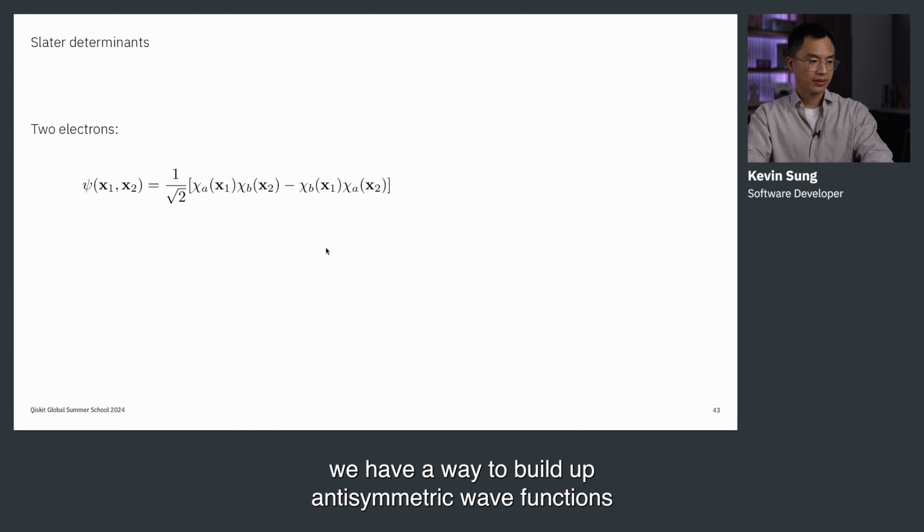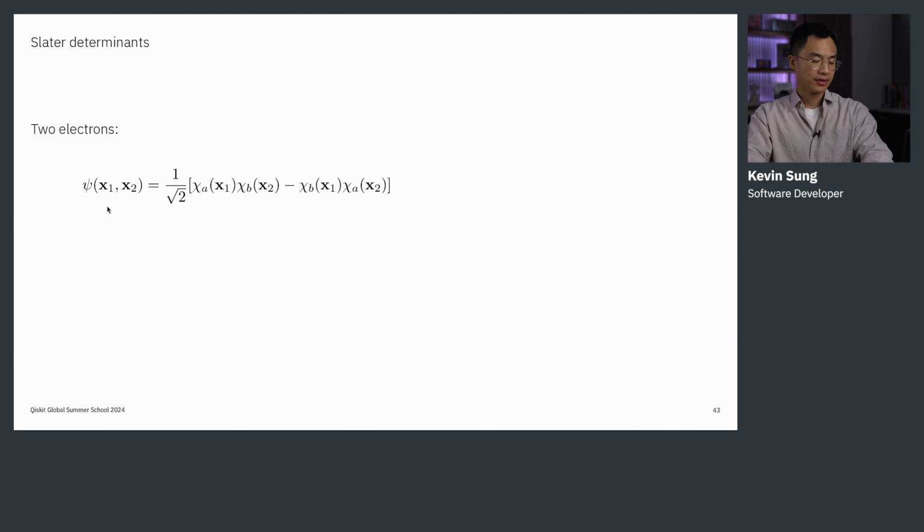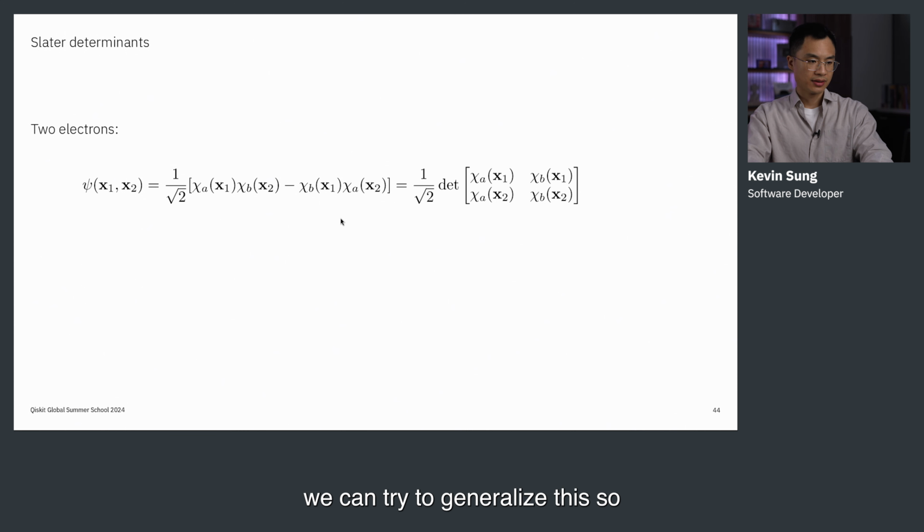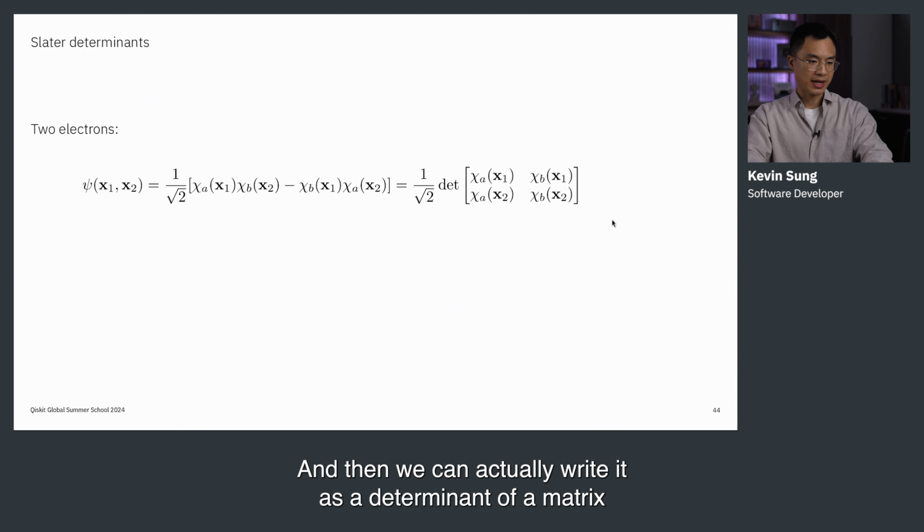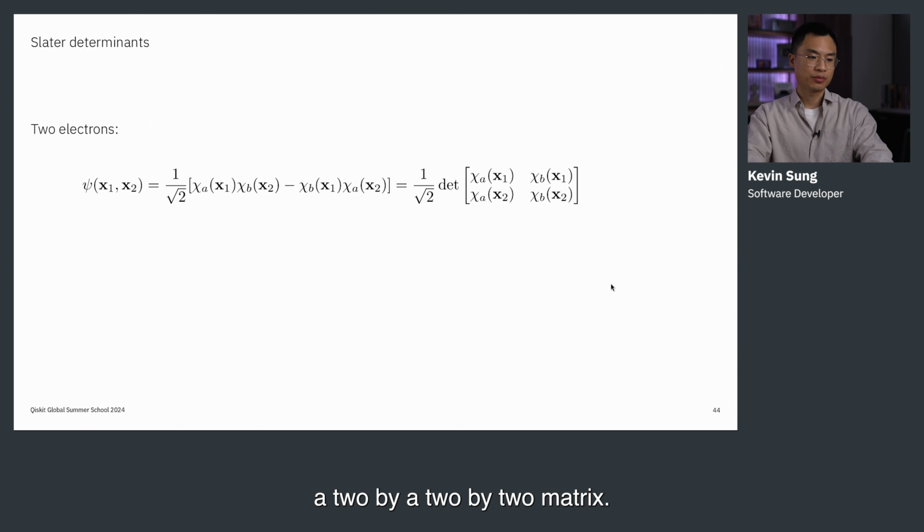Now that we have a way to build up antisymmetric wave functions from our spin orbitals, at least for 2 electrons, we can try to generalize this. We can take this expression and write it as a determinant of a 2 by 2 matrix.